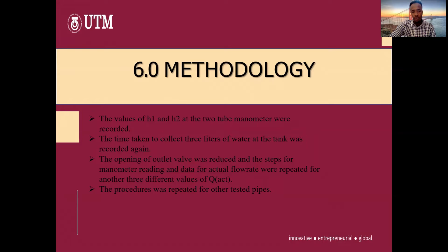Also, the opening of the outlet valve was reduced, and the steps of the manometer reading and the data for actual flow were repeated for another 3 different values of flow rate. The procedure was repeated for the other tested pipe.